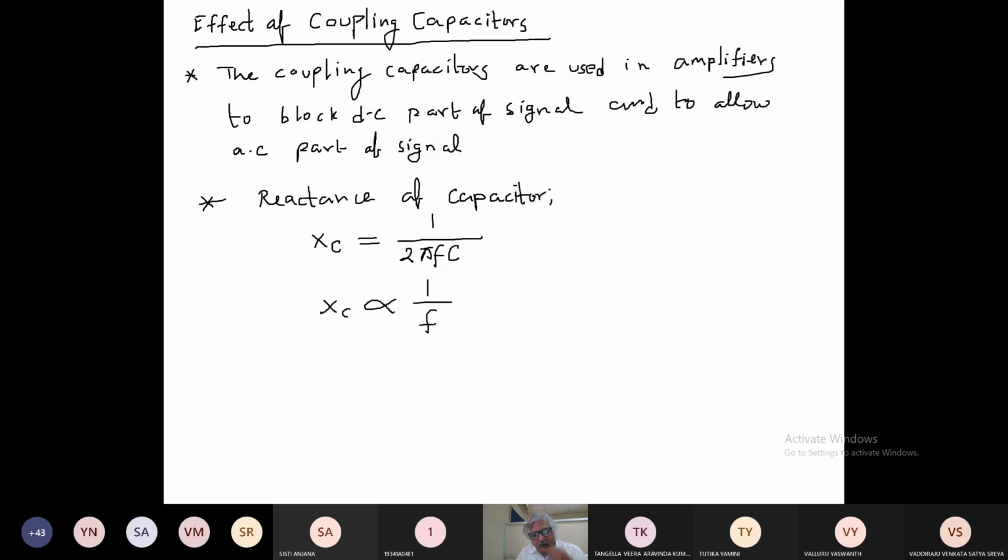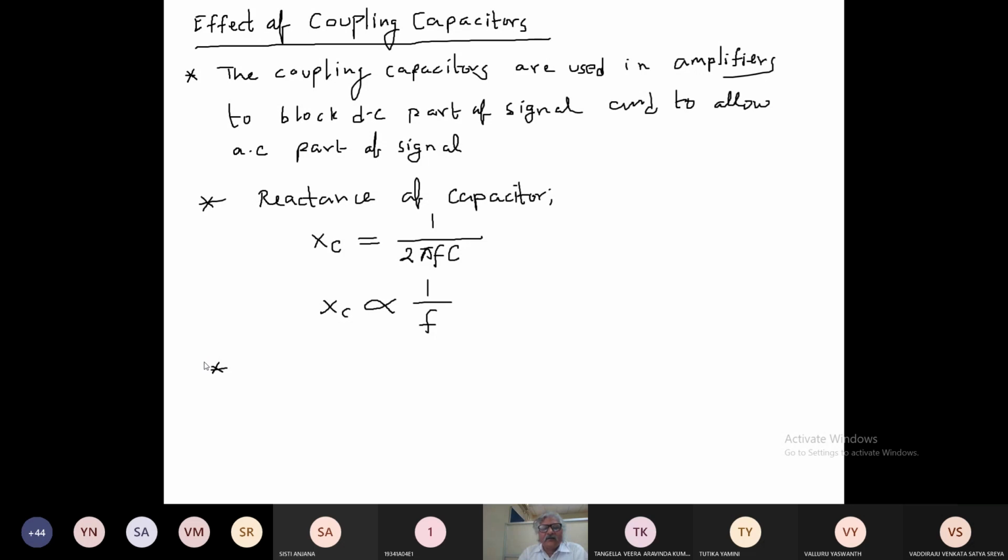If the frequency increases, then the capacitive reactance will decrease and vice versa. So here the capacitive reactance increases with the decrease in frequency, and at high frequency it will have less reactance.